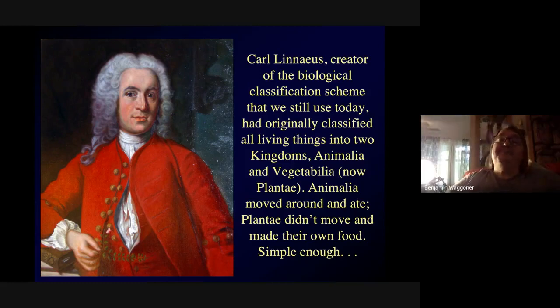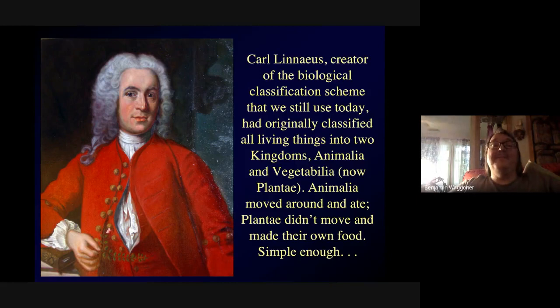So here we have the classification scheme where all the living things are in the two kingdoms, the Animalia and the Plantae. Right. And he'd originally classified all living things into the kingdom Animalia and the kingdom Vegetabilia, which we now call kingdom Plantae. Kind of trivia, but he actually tried to extend his classification scheme to a third kingdom, the kingdom Mineralia, for rocks and minerals.